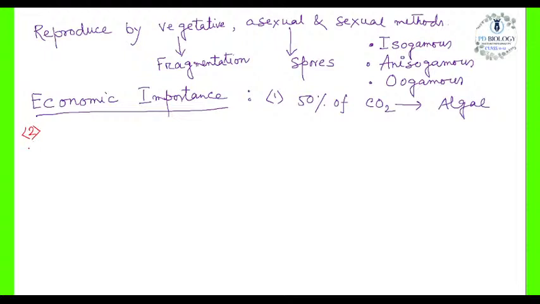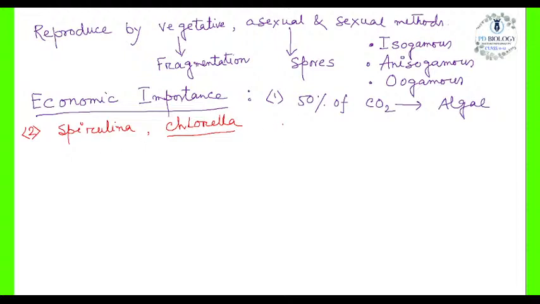Number 2, Spirulina and Chlorella. This is a unicellular one, Chlorella.